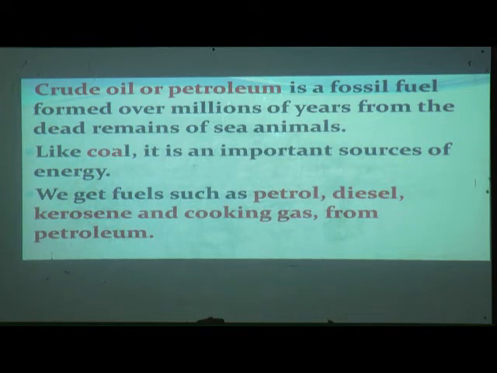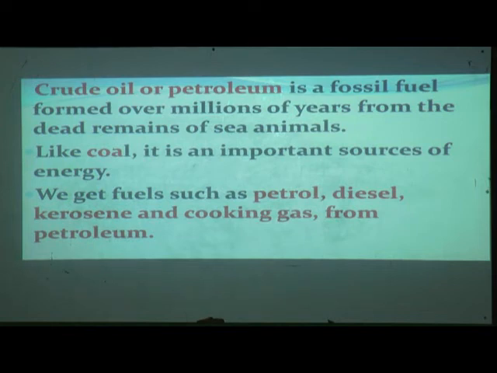How is petroleum formed? It is like dead plants, like that only we can find petroleum. How? From the dead remains of sea animals. When we are talking about the sea, in the sea what do we have? Different kinds of animals we can see in the water, in the sea.